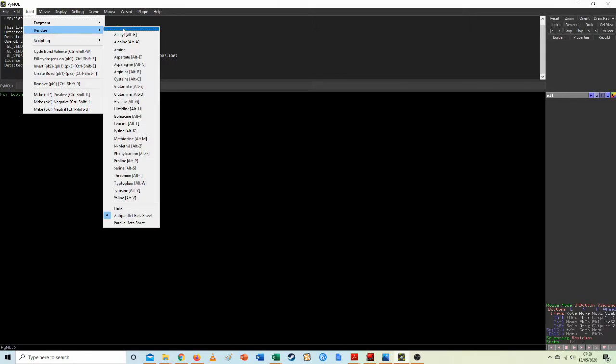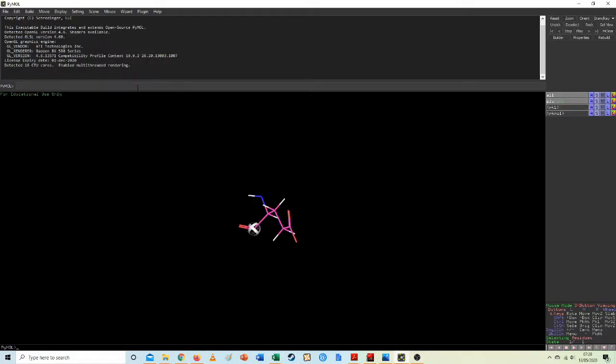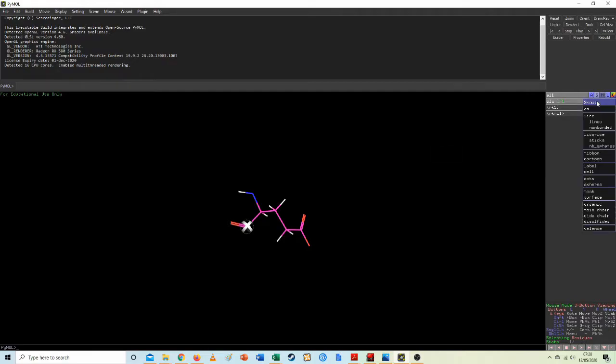And I think we had glutamic acid. That looks like it. Now, what you'll notice is this popped up slightly differently. I don't really like the way that it's popped up, so I'm going to try and alter it slightly.